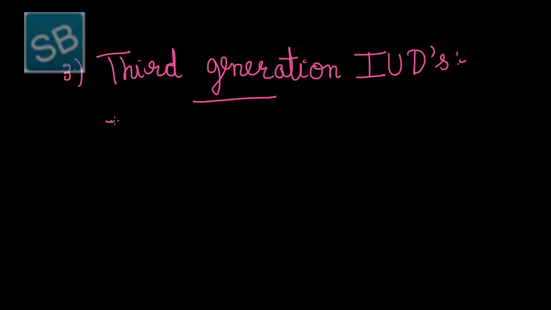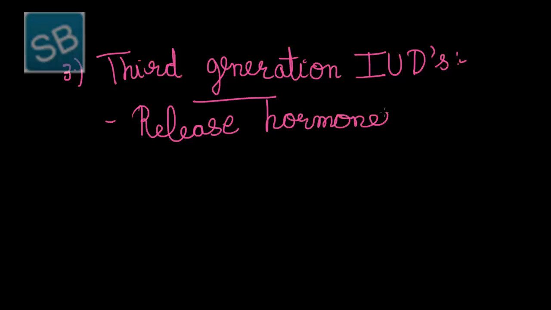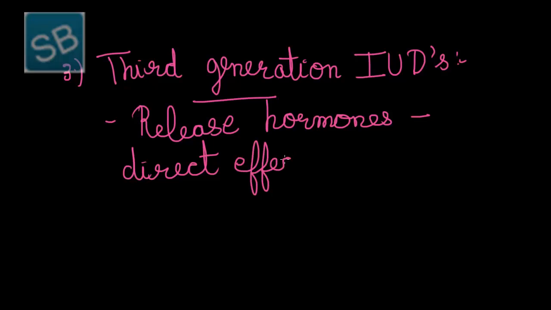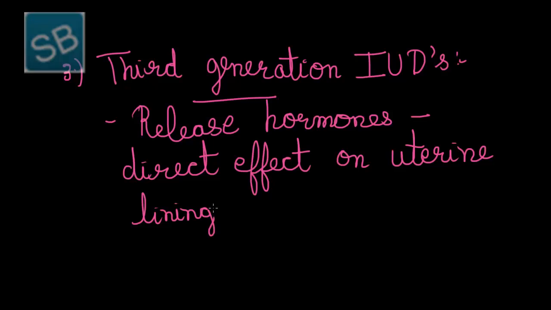These IUDs release hormones which have a direct local effect on the uterine lining. Thus, this uterine lining gets directly affected or gets bound with these hormones.